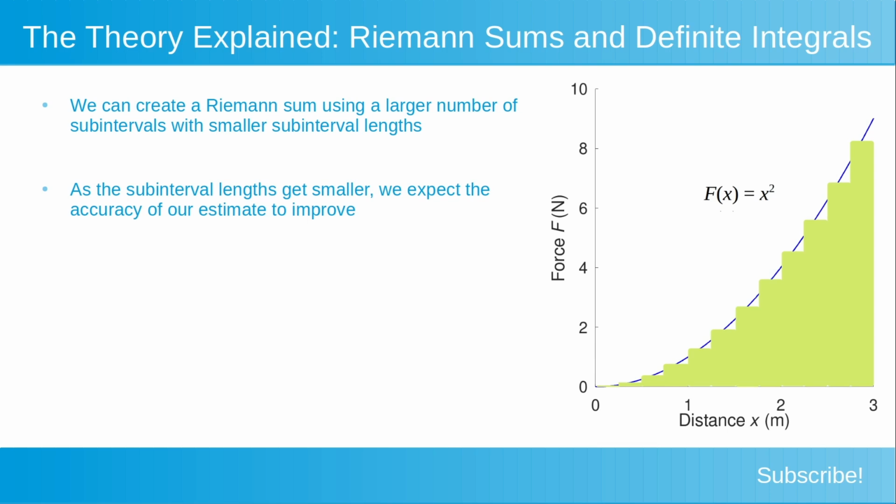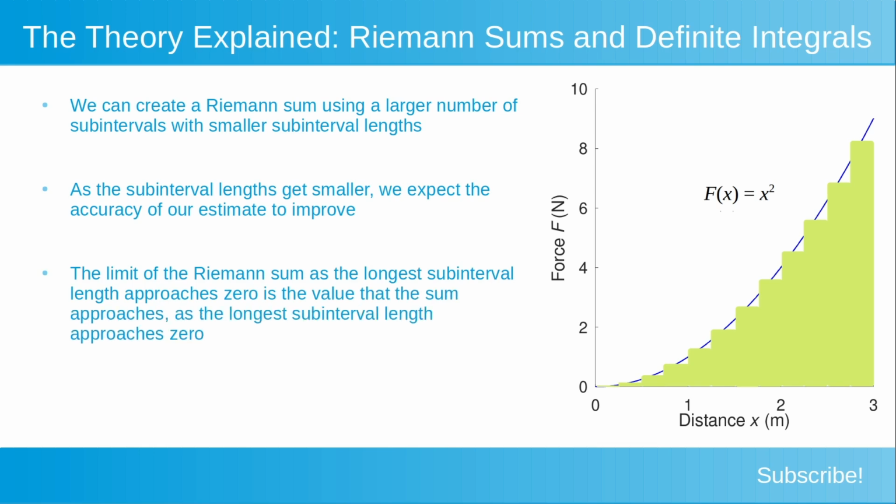As the subinterval lengths get smaller, the value of force across a subinterval approaches a constant value. As this happens, the one value of force we choose per subinterval better represents the force across the subinterval. So, as the subinterval lengths get smaller, we expect the accuracy of our estimate to improve.